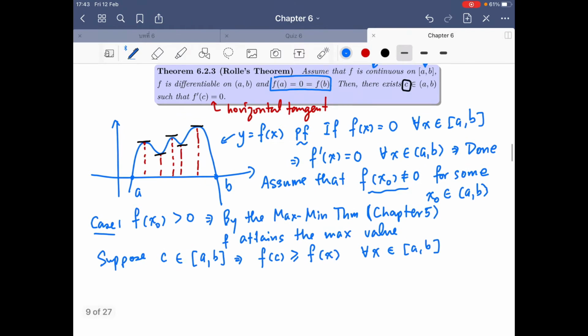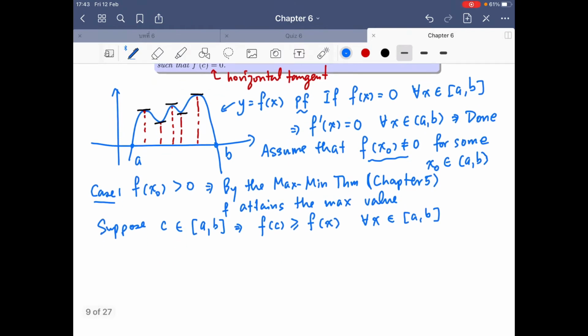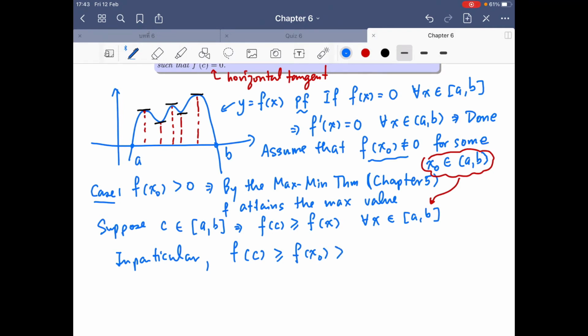Of course, x0 is one of the points in this interval, right? So in particular, what we have is that your f(c) will be greater than or equal to your f at x0, and this one is strictly positive, right?